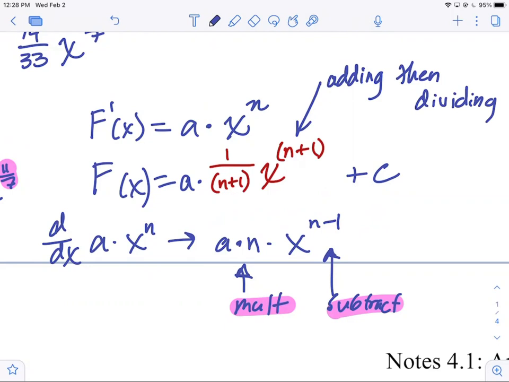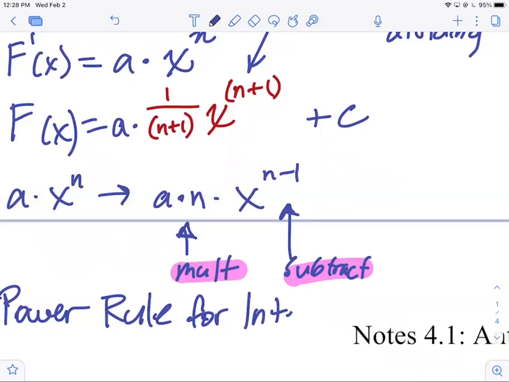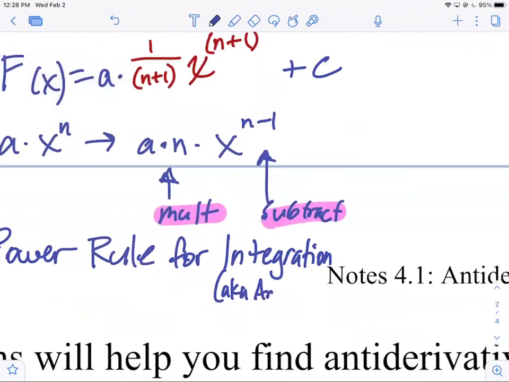Okay, so that is going to be known as the power rule. Power rule for, I'm just going to write this shorter word, integration. The power rule for integration, which is also known as AKA anti-differentiation.